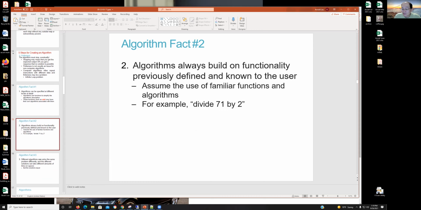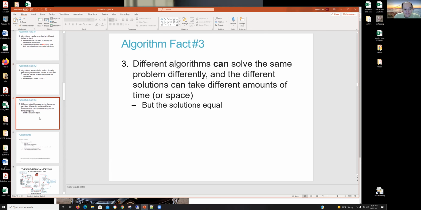Like for your recipe, if you have to break some eggs, separate out the yolk and stir it, there's an assumption that you actually know how to do that. You don't have to spell out how you break an egg or separate the yolk. So you have to make those types of assumptions.